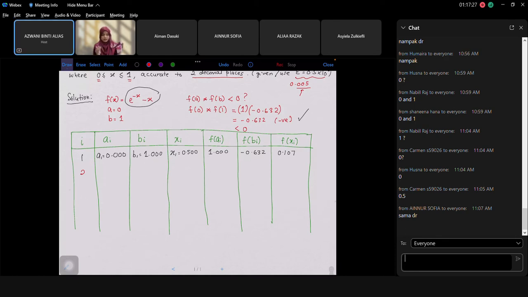Dah settle lah. Okay, next step kita nak reduce the interval. Sama ada kita nak ambil AB sama ada kita nama AX ataupun BX kan. Sama ada kita nama AX ataupun BX. So now apa yang kita perlu buat? Apa yang kita perlu buat? Okay, let's say, okay. FA darab dengan FX. Positif. You akan dapat apa?